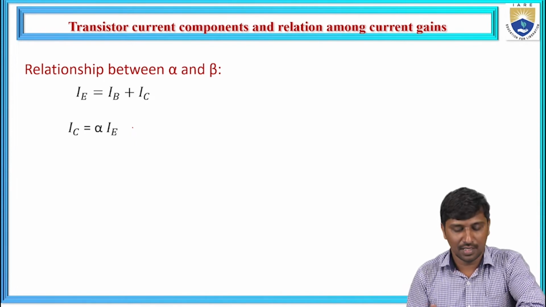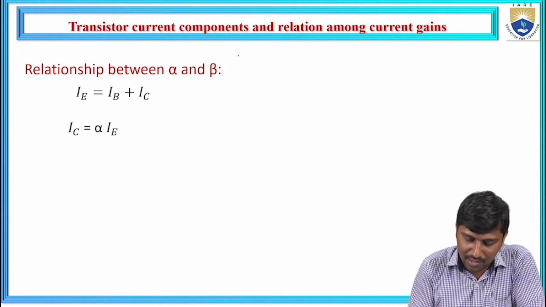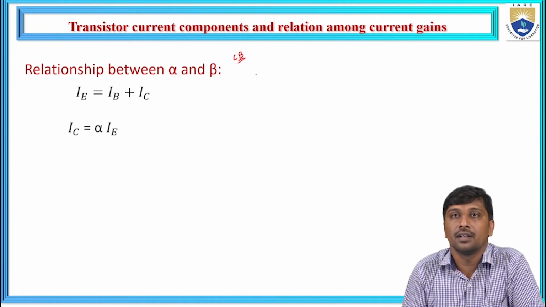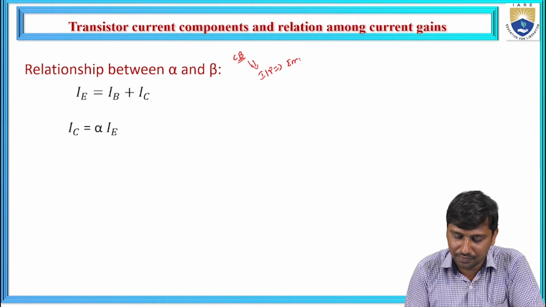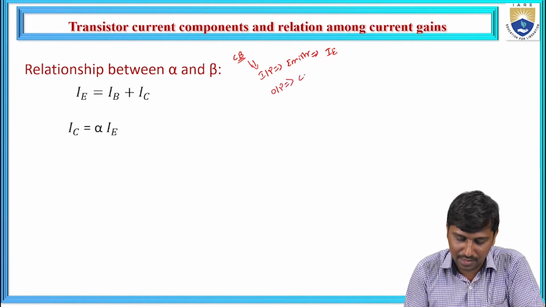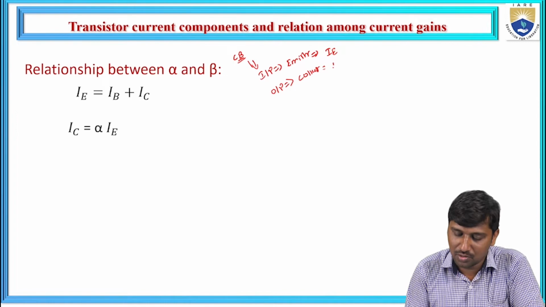And again from the common base configuration, if you want to write this mathematical relation, the input terminal acts as the emitter. Hence, the emitter current is taken as the input current. Again, in a common base, the output terminal is the collector, so the current across the collector terminal is IC.